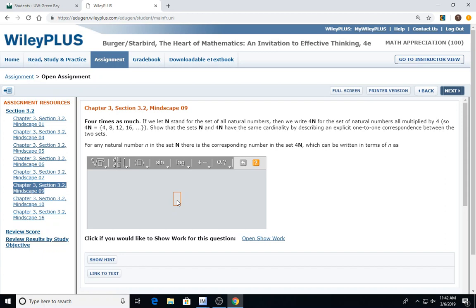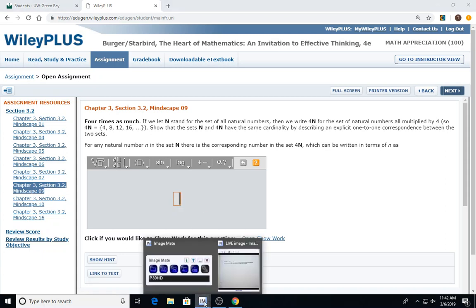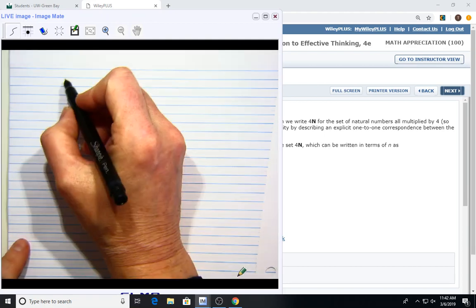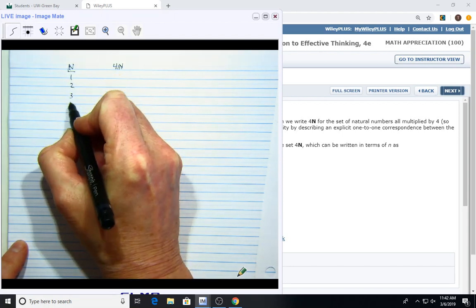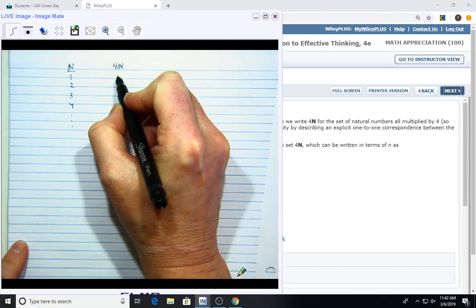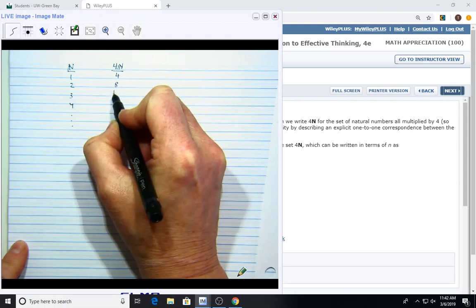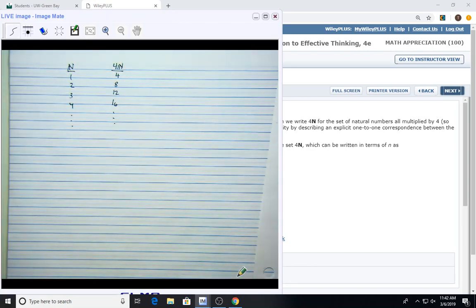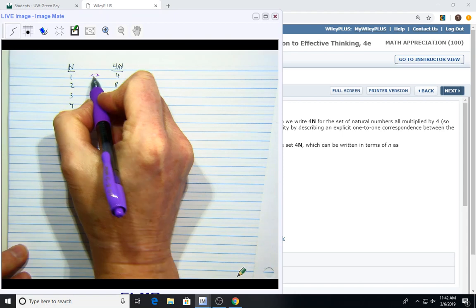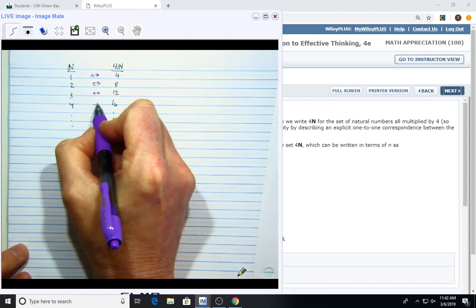So I'm making a one-to-one correspondence between the natural numbers and multiples of 4. If you write those out on a list, you would write out the natural numbers, and then the multiples of 4, or whatever yours is, and you would be able to use a pen to show the correspondence: 1 with 4, 2 with 8, 3 with 12, 4 with 16.